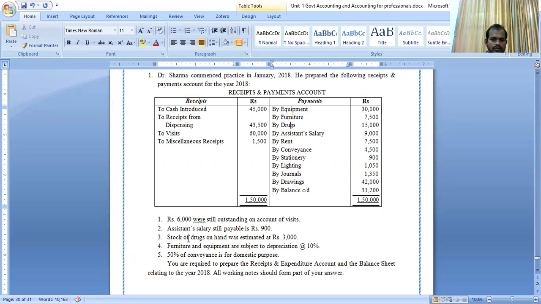Drugs: we have stock of drugs on hand estimated 3,000 at the end, in the sense it is a closing stock. So opening stock plus purchases 50,000 minus closing stock, then we'll come up with the drugs consumed, which is an expenditure.